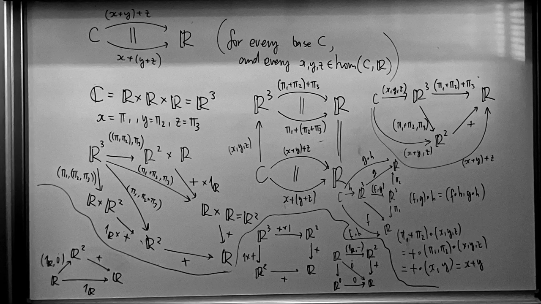So I've got some morphism going to R cube. No, let's put R cube now here. And then I've got the two maps. In this case, F is pi1 plus pi2 and G is pi3. And I've got some morphism going into R cube from C. This composite is the one I want to compute.